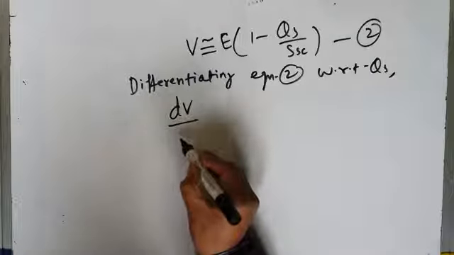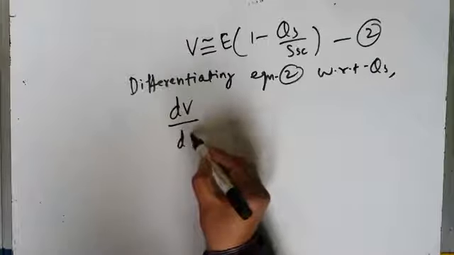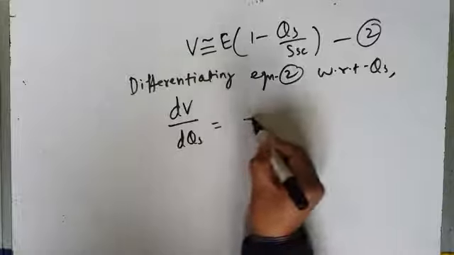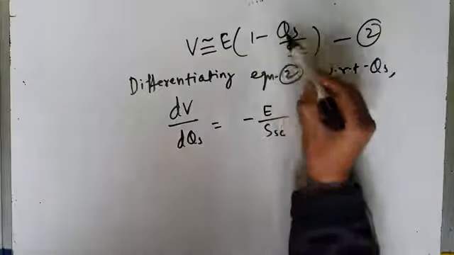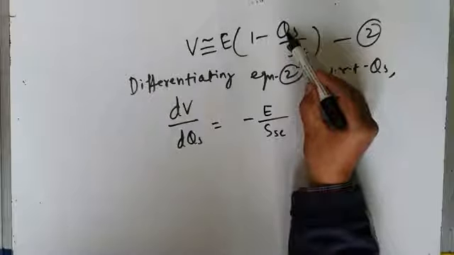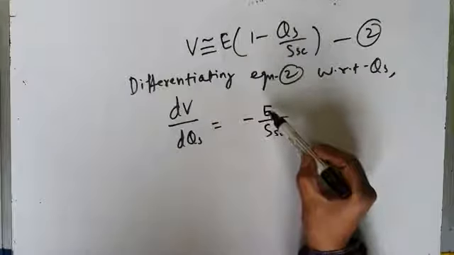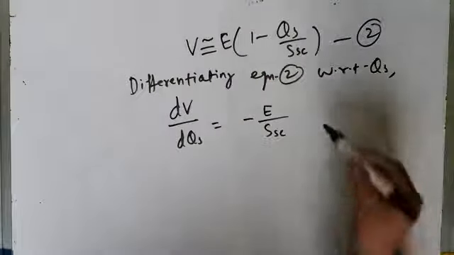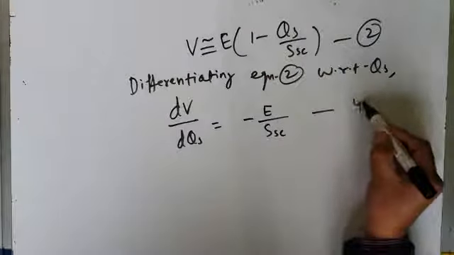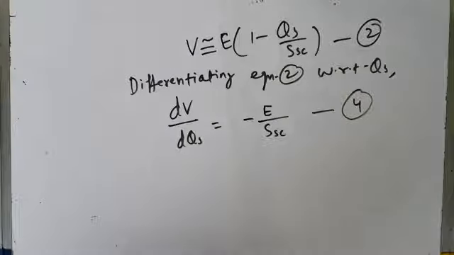So without compensator, voltage sensitivity is dV by dQs equal to minus E by SSC, because differentiation with respect to Qs becomes 1, and E is already there, and differentiation of 1 is 0, so it will be minus E by SSC. Let us call this equation 4.